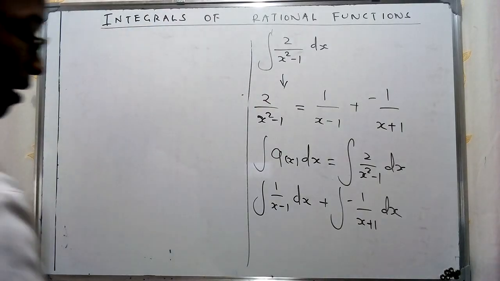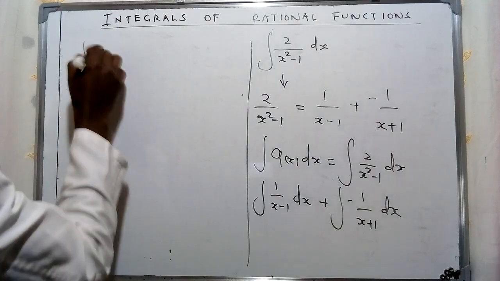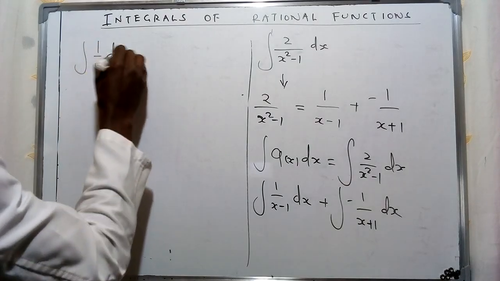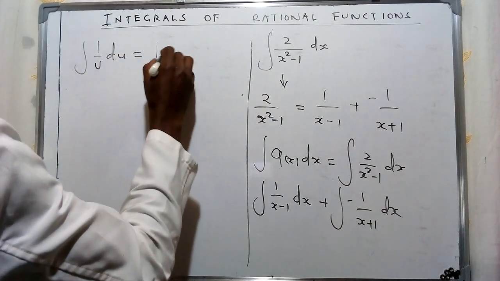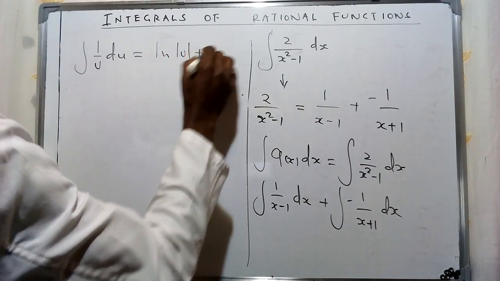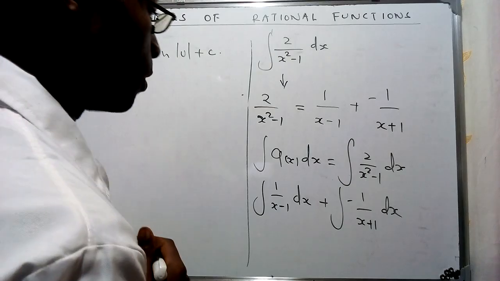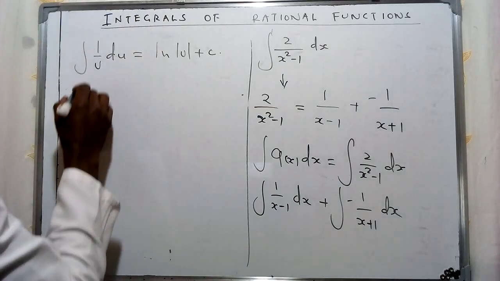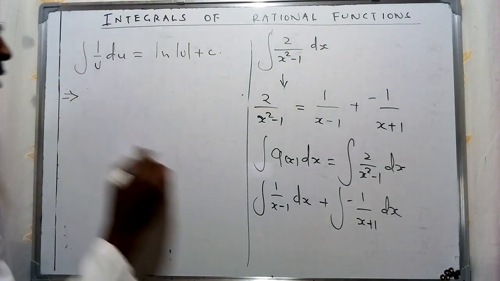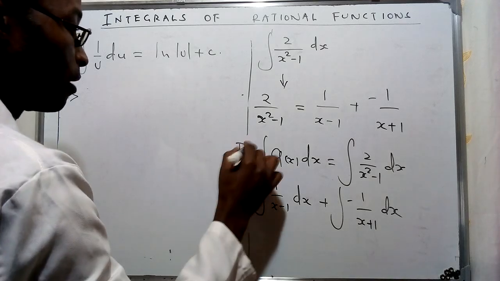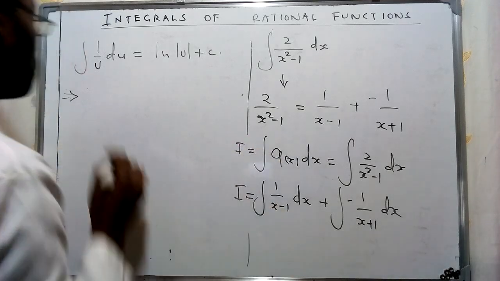We said that we can find an integral of the form of the integral of 1 over u du given as the natural log of u plus c. So we are going to borrow from this rule in order to evaluate this integral.